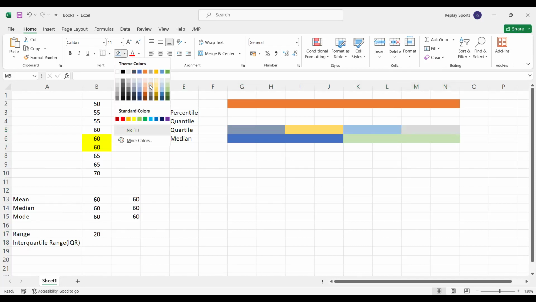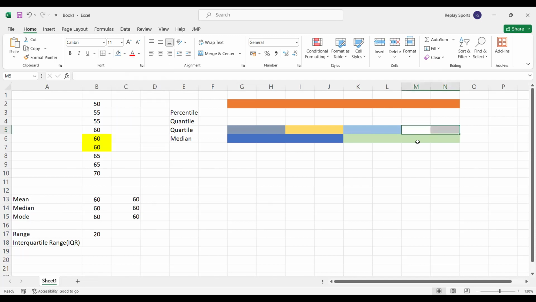Decile means dividing data into 10 parts. Percentile is dividing into 100 parts. All of these are quantiles, so I should write quantile as a header. These are called quantiles: percentile, quartile, median, decile.